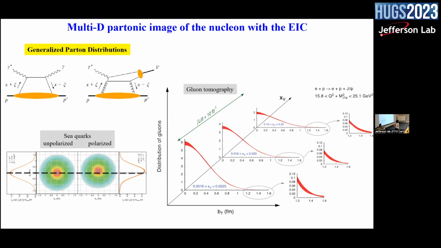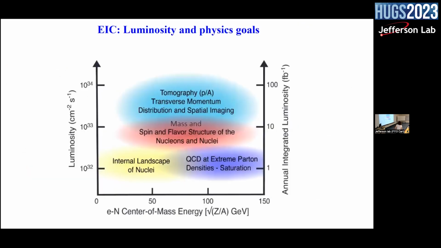It's a process for which the only possible diagram in terms of GPDs involves gluon exchange. So with this reaction measured at the EIC, there have been some projections made, and this is the kind of distributions that we could have, doing a tomography by using the GPDs of the gluon that would be extracted with the measurement of this final state.